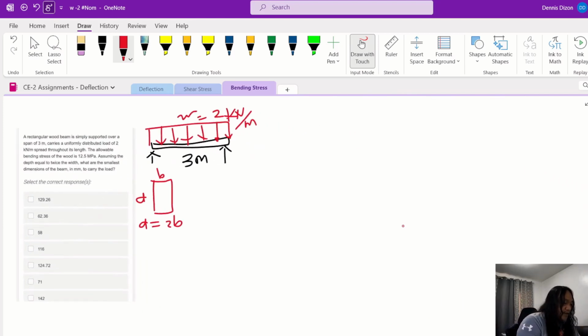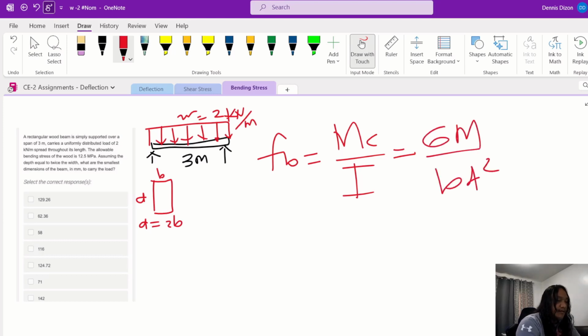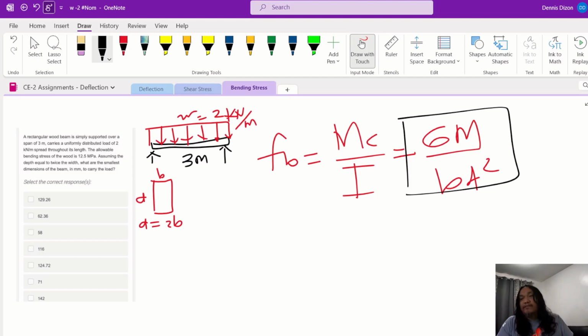So from our formula, bending stress is equal to MC over I, and for a rectangular section, this would be 6M over BD squared. So this is our equation, 6M over BD squared.